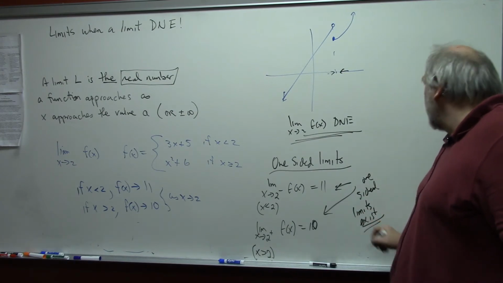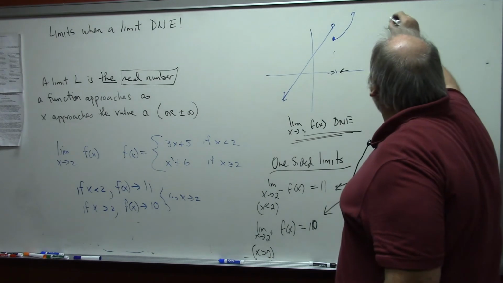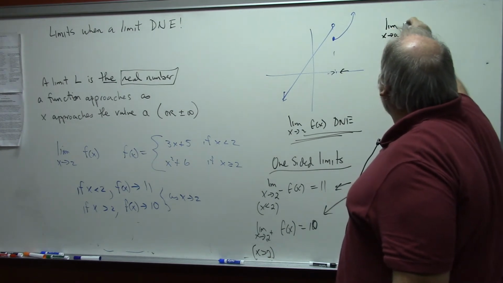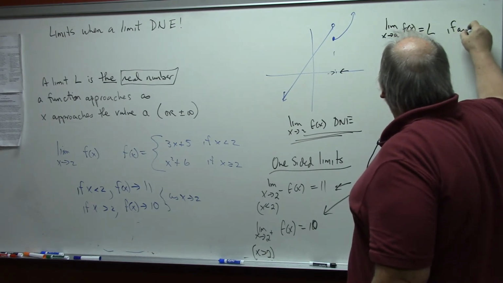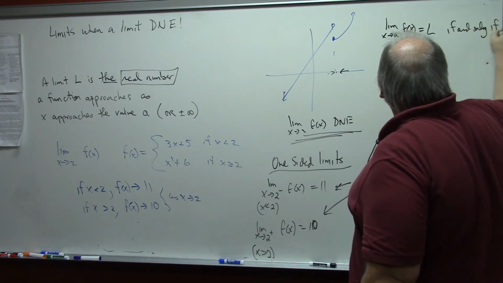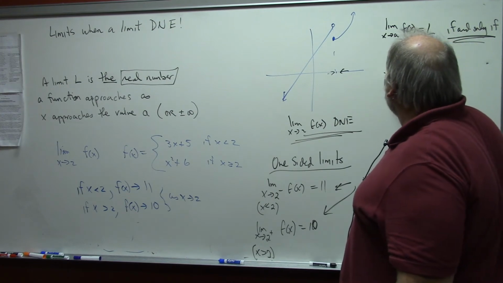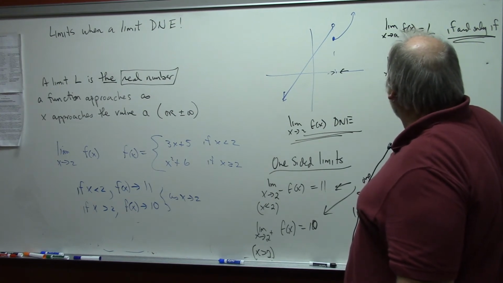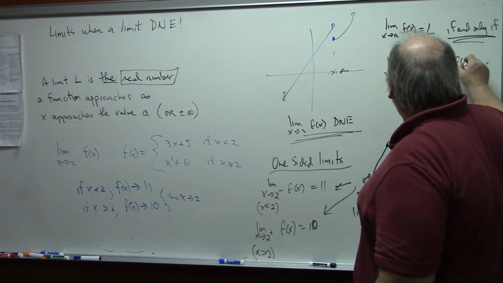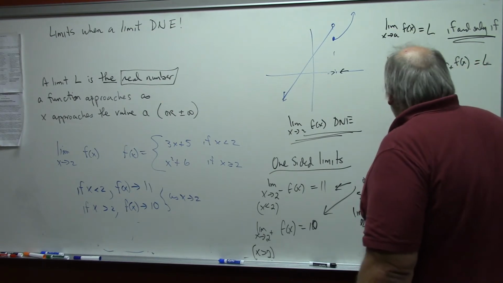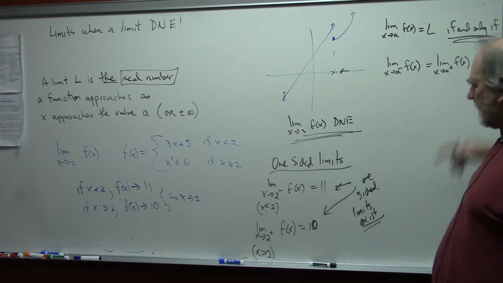There is a theorem in the book that says the limit as x approaches a of f of x equals L if and only if, in other words, it works both directions, the limit as x approaches a from the left of f of x equals the limit as x approaches a from the right of f of x, which is equal to L. So in order for the limit to exist, both one-sided limits have to exist and be the same real number.